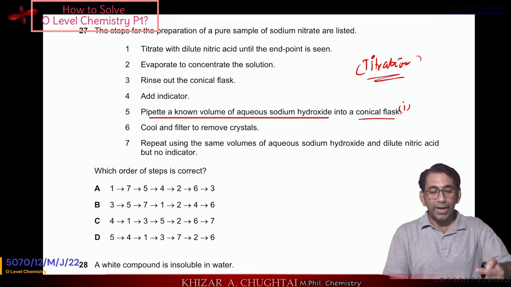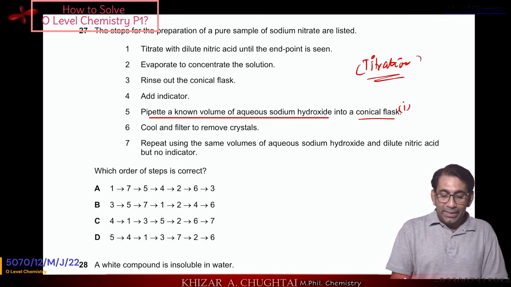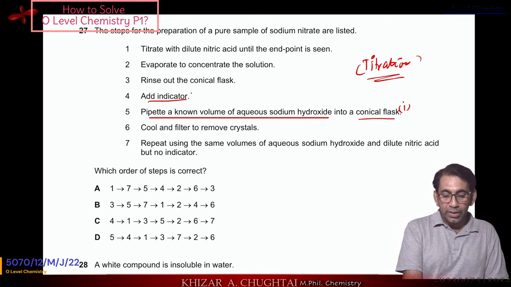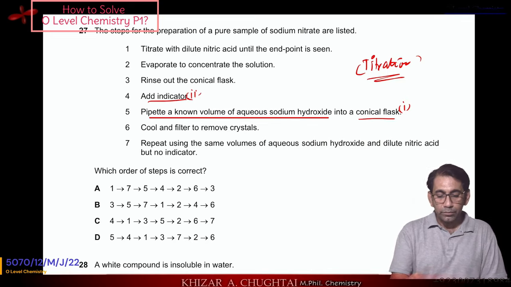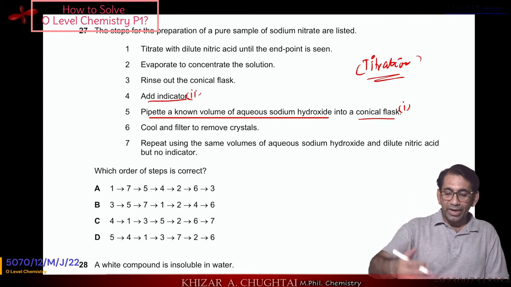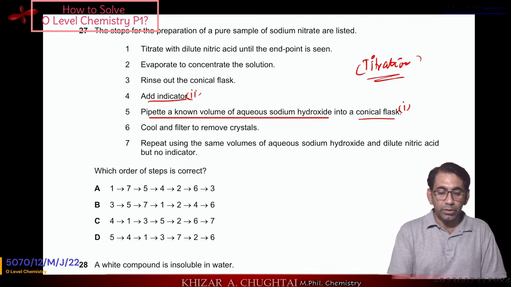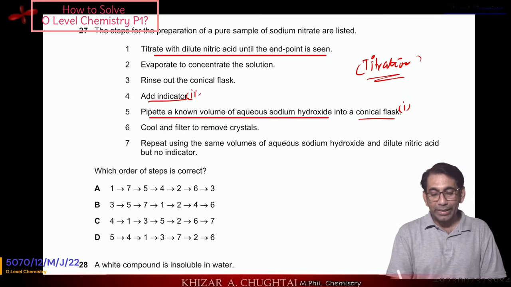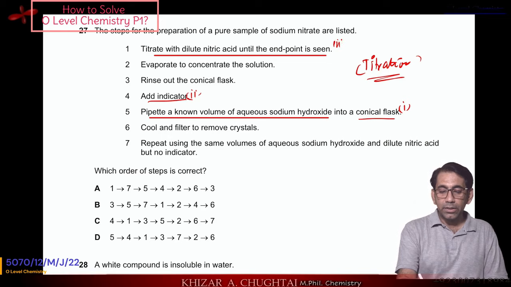The next one is to add indicator into it, step number 2. After adding the indicator, the next step is to titrate this solution with nitric acid until the endpoint is seen. That is the third option.